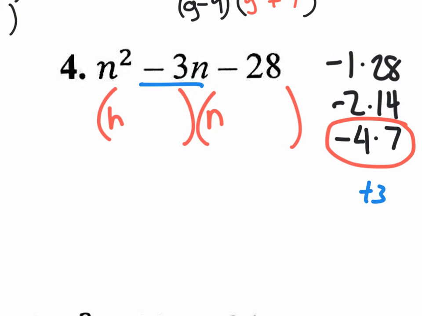So let's go ahead and change the signs, make that a positive 4, make that a negative 7. Because positive 4 times negative 7, that really is negative 28. And if I combine them now, it really does give me a negative 3. So the correct pair of numbers that we're going to be plugging in is going to be a plus 4 and a minus 7. Make sense?